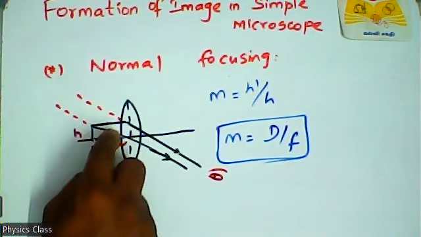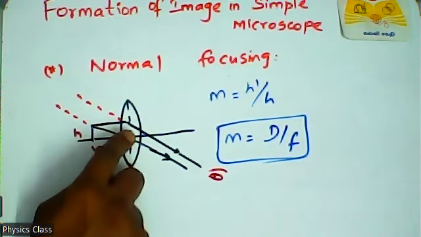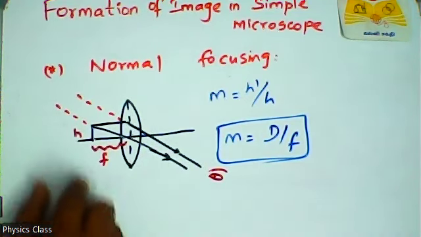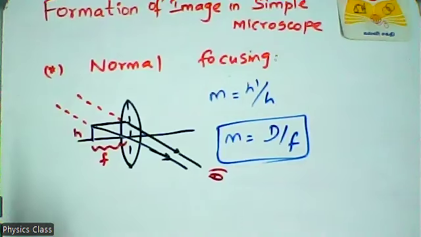The light rays coming from the object, parallel to the principal axis, refract. The image is formed at two positions: one at infinity, another at the near point, which is 25 centimeter for a healthy human eye. The image is virtual, erect, and magnified, as shown in the simple microscope.